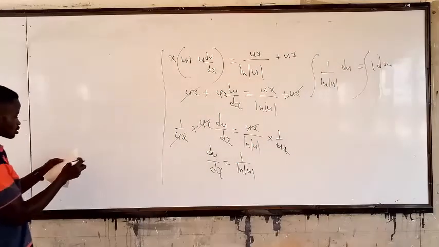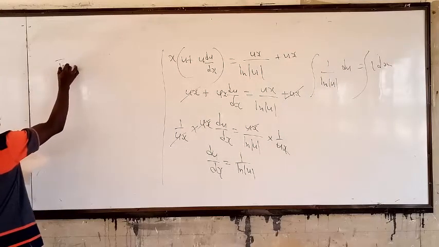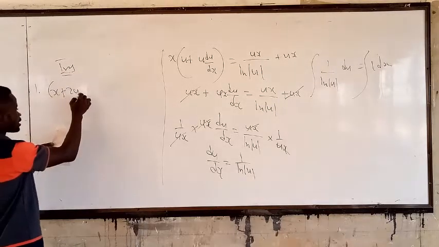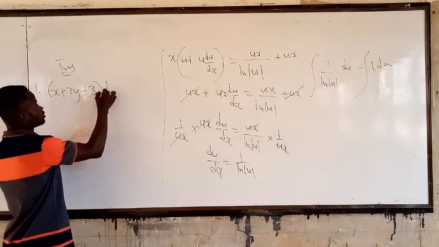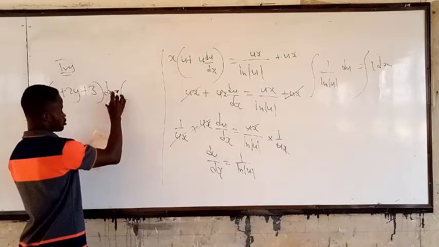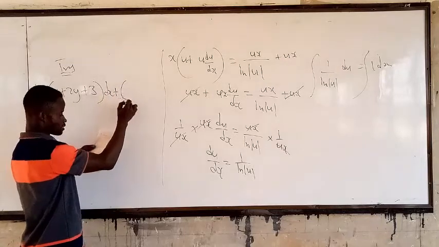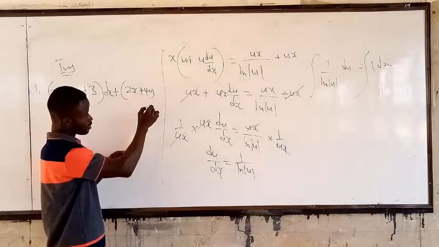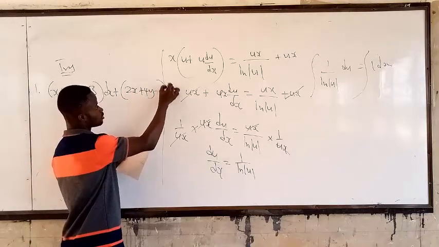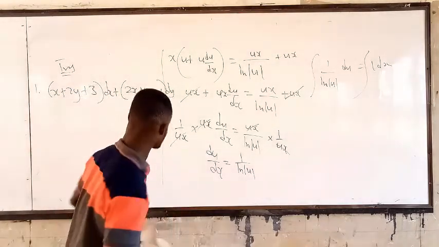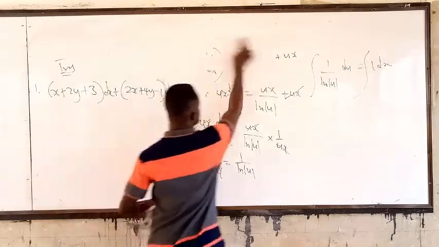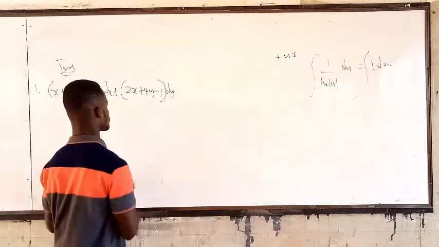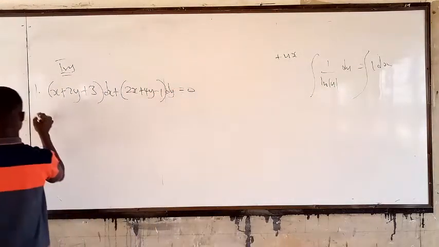So now, you try on: 1. (x plus 2y plus 3) dx plus (2x plus 4y minus 1) dy is equal to 0.